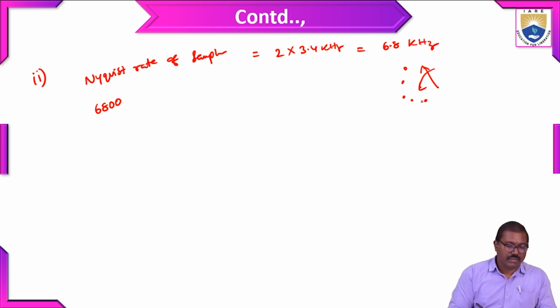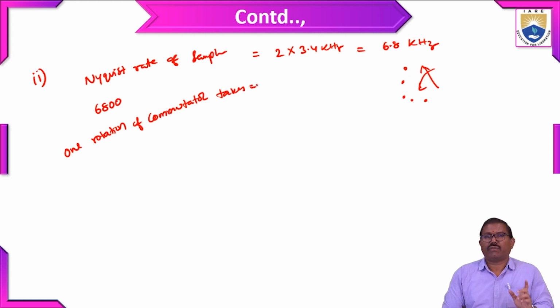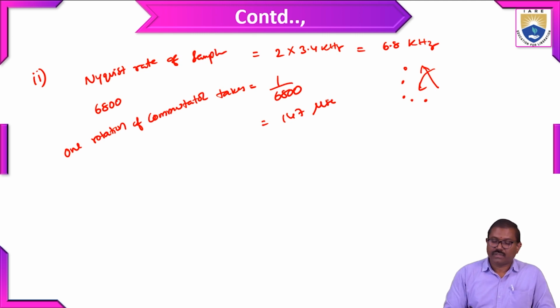One rotation of the commutator takes 1 by 6,800, so you got 147 microseconds. This is the commutator time for one rotation.